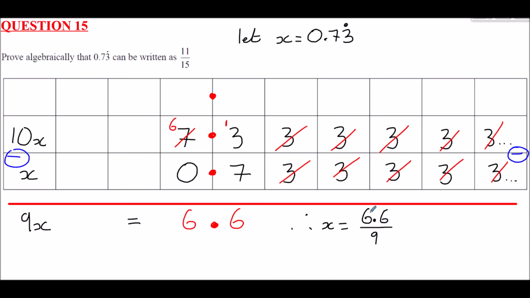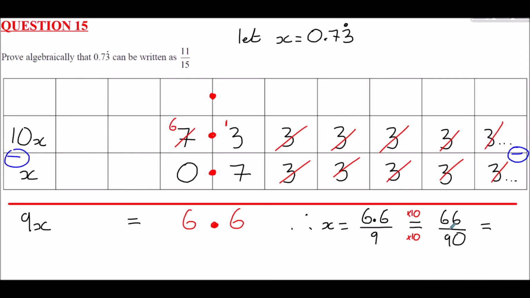What I'd suggest we do is get rid of a decimal. My suggestion here would be to multiply both top and bottom by 10. Okay? So times by 10, times by 10. So x equals 6.6 over 9, which is the same as 66 over 90. Then on a calculator, because it is a calculator paper, that will simplify down.